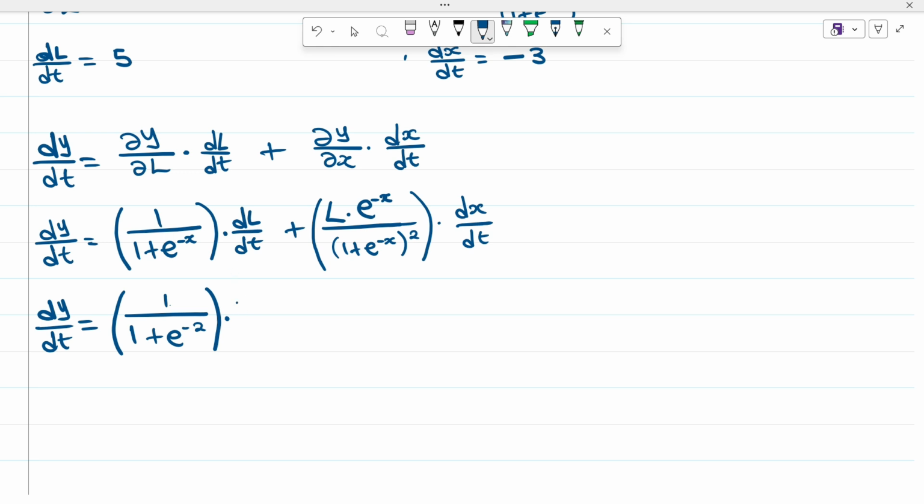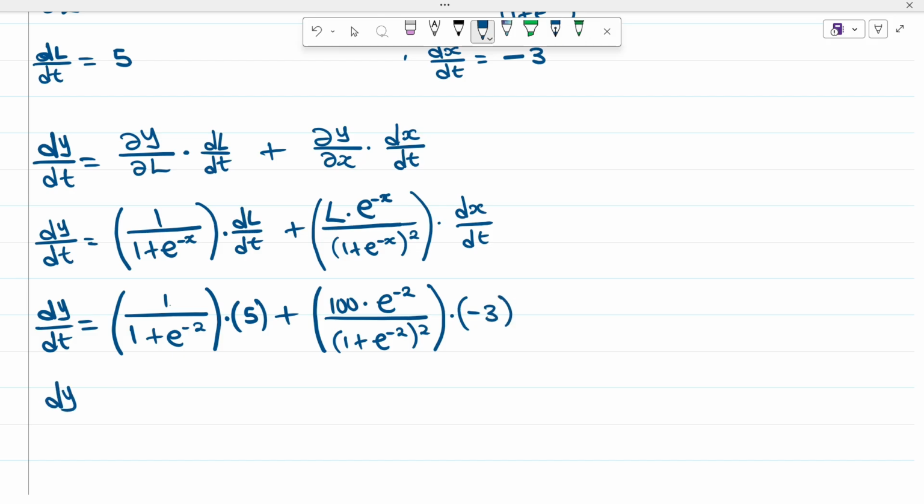We've already discussed that it's going to be positive 5, plus our L, which is 100, multiplied by e to the power negative 2, divided by 1 plus e to the power negative 2, and then you square this, multiplied by dx/dt. The rate is going to be negative 3, and then your dy/dt is then going to be equivalent to what?